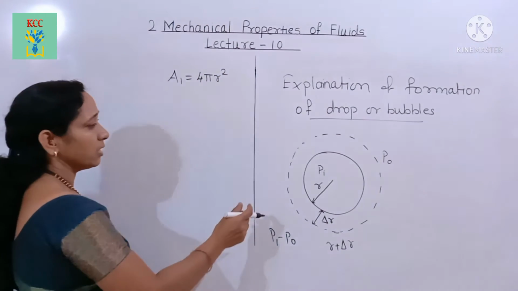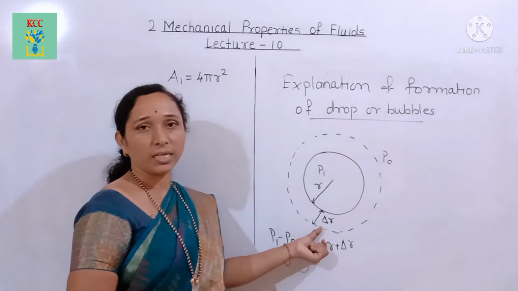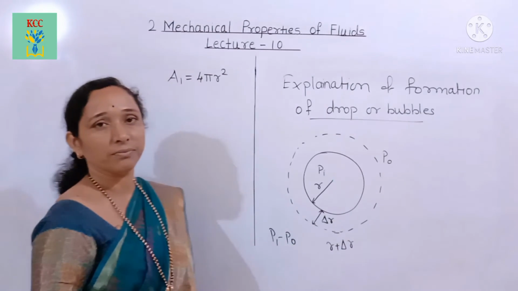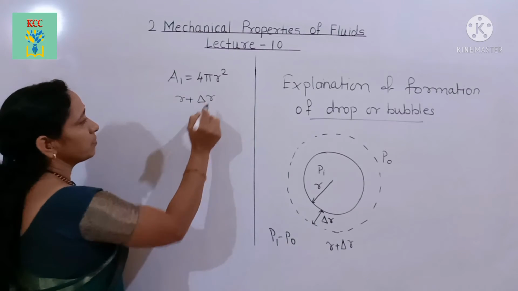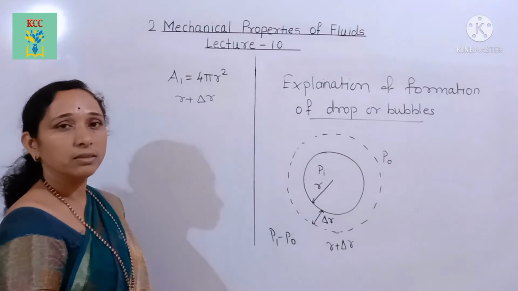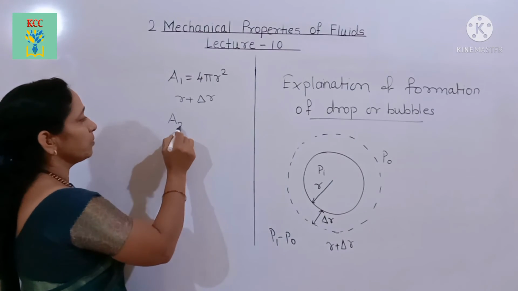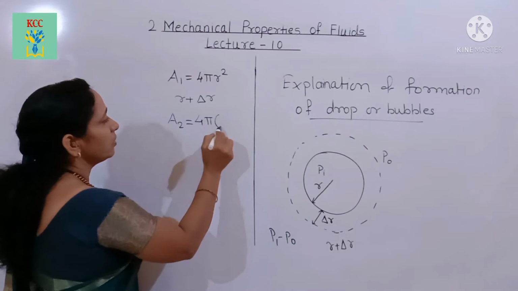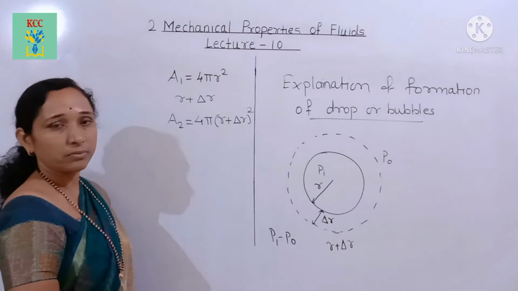When it increases through the displacement delta R, then the radius becomes R plus delta R. With this radius, the later area is A2, and it is equal to 4 pi into (R plus delta R) whole square.